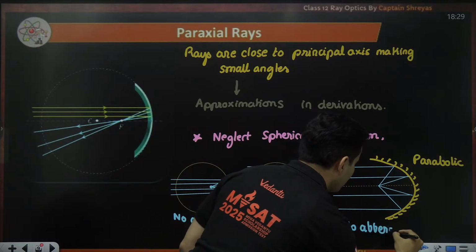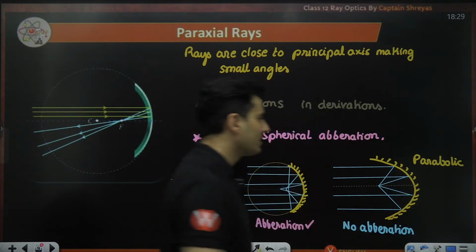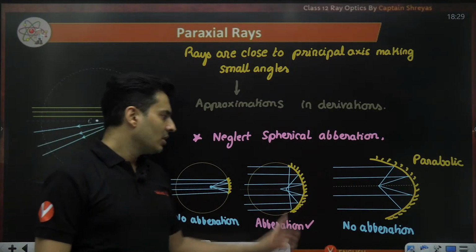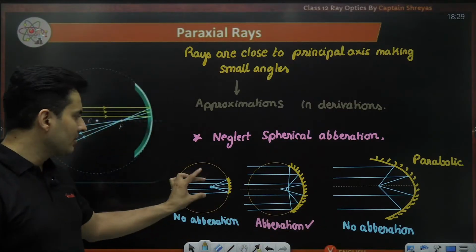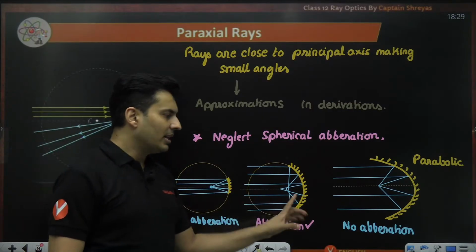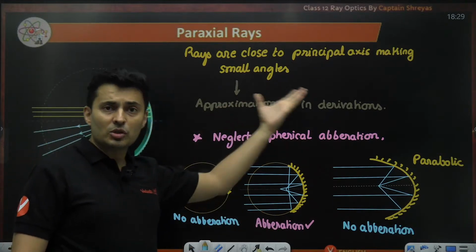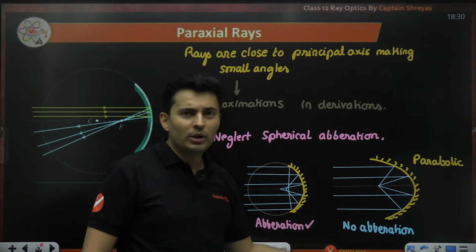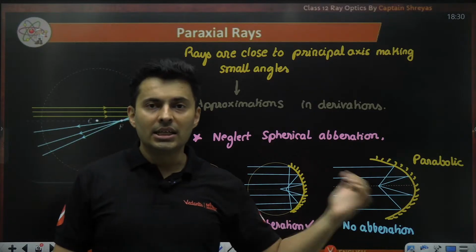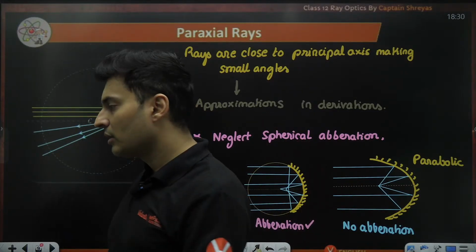The moment you use parabolic mirrors. So spherical mirrors, we generally keep small to avoid that aberration. But if the mirror size has to be big, why do you need a big mirror? Because you want that image to be brighter. Then you use parabolic mirrors, but we do not study parabolic mirrors in the JEE syllabus. Got my point?